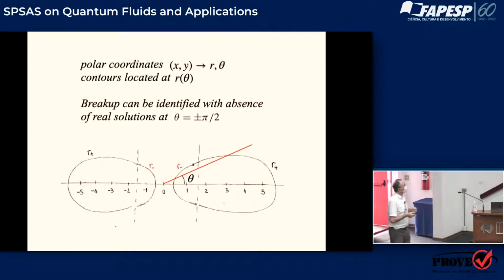So for doing the analytical analysis, we performed it in polar coordinates. So x and y, we switch to r and theta, and the contours should be at r(theta).